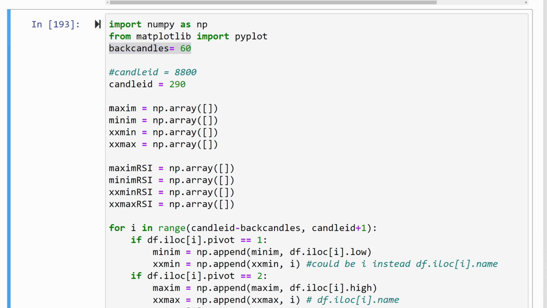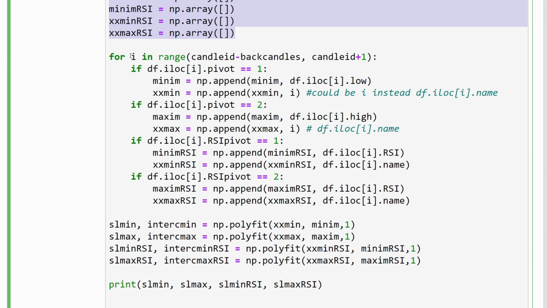So let's define 8 NumPy arrays. 4 are the maximas and the minimas values with their coordinates, or probably their indexes at this point, for the minimas and for the maximas, for the prices, and the same thing for the RSI values. Then for each candle in the back candles region, we're going to test if we have a low pivot point.